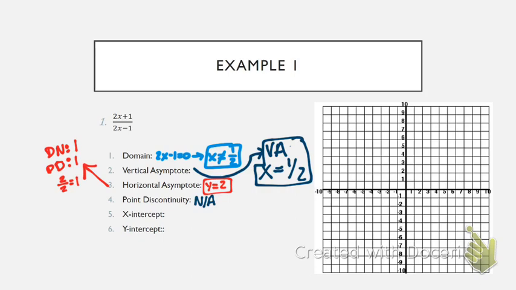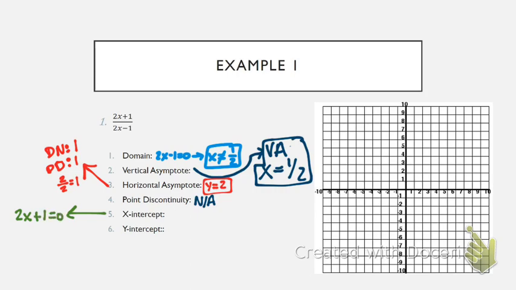Again, for horizontal asymptote, you're looking at the degree of the numerator and the degree of the denominator. Now we're moving on to the x-intercept, which we have to solve for. For the x-intercept, we set the numerator equal to 0.